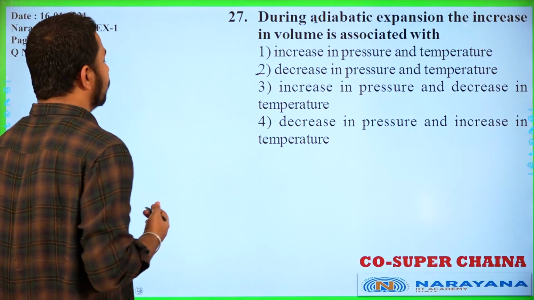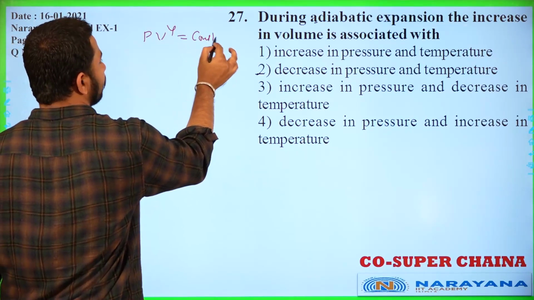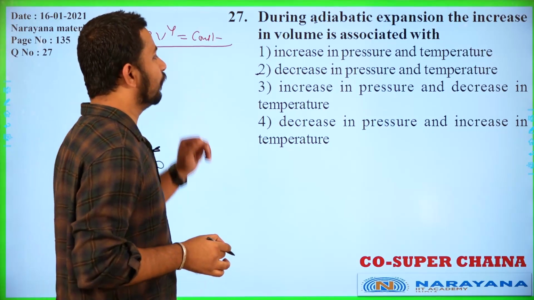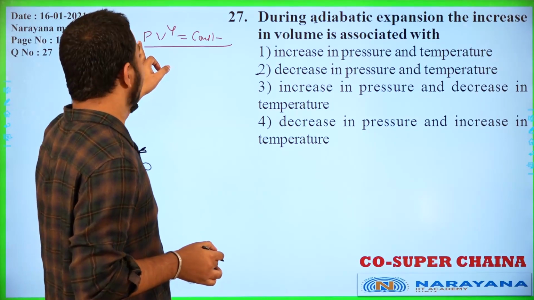If we increase the volume, we know PV to the power gamma is equal to constant. So if we are increasing the volume, obviously there will be a change in pressure.